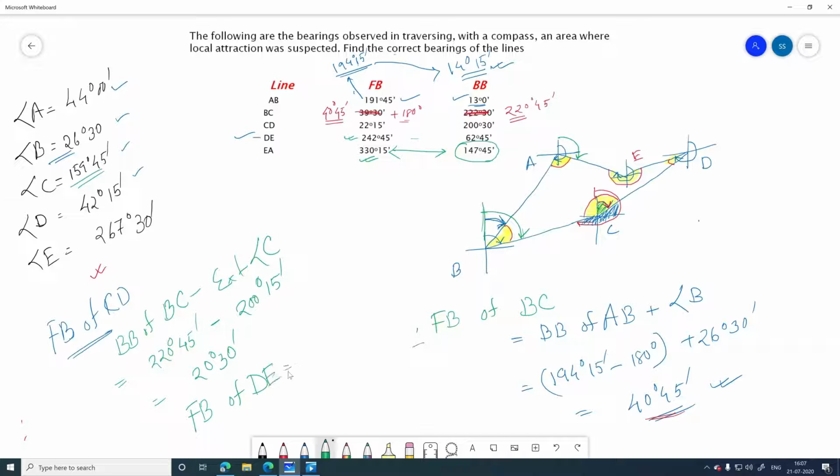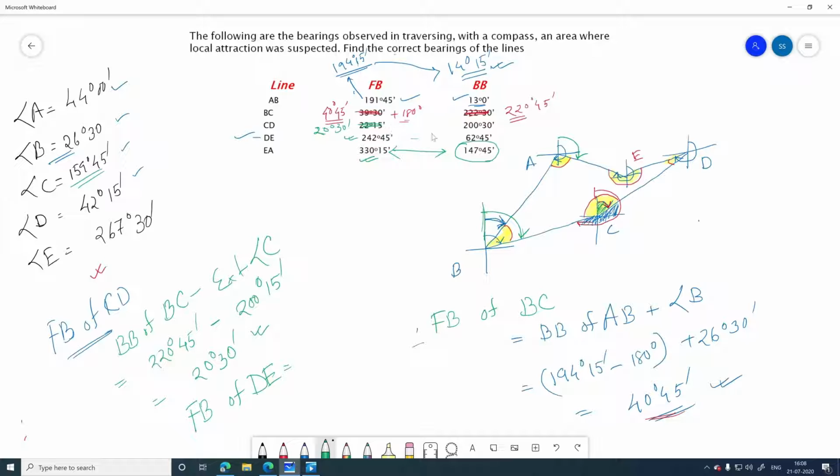You know the corrected value of the forward bearing of CD. What is it? That is 20 degree 30 minutes, right? That means this particular value is changed to 20 degree 30 minutes.